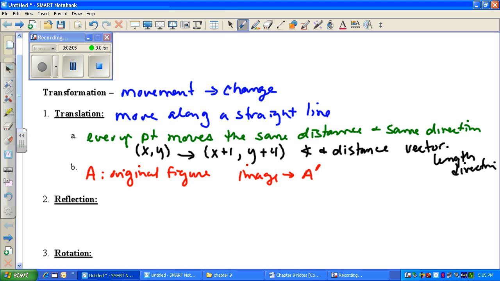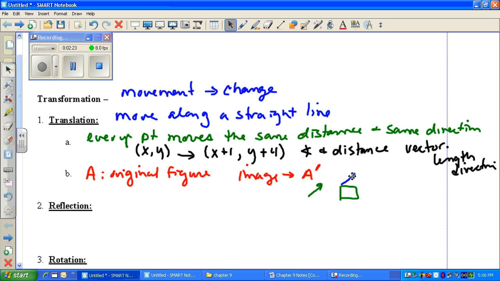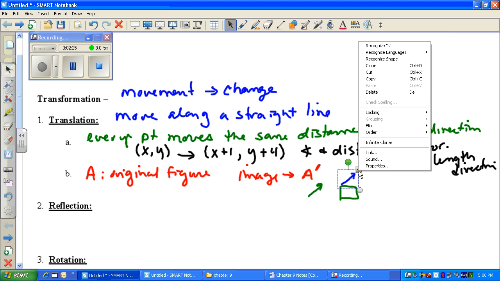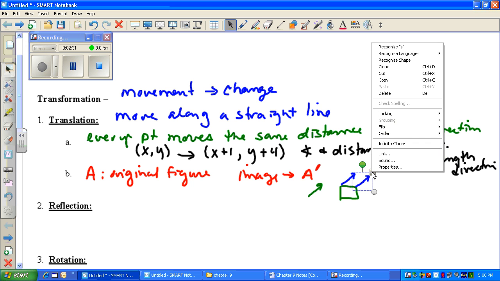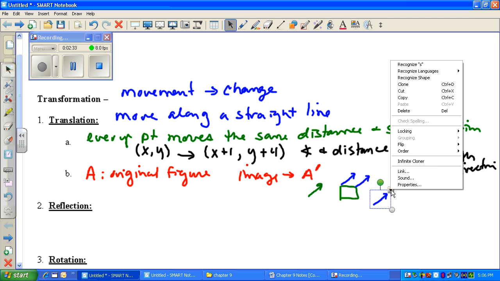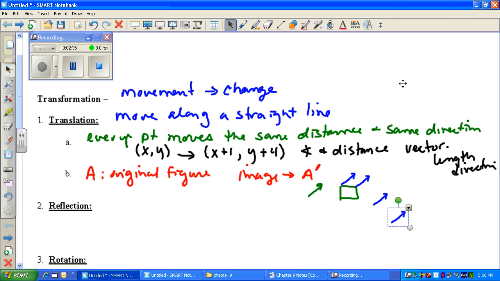So what essentially happens is if I have a simple square and I have a vector, I'm going to move every point on this square in this direction and that length. The shorter the arrow, the shorter the length. So every single point is going to be moved. I can clone a couple of these things to show every point moving in that direction and that distance.